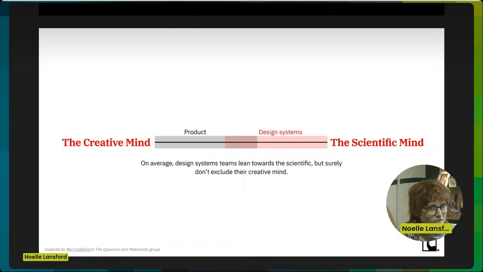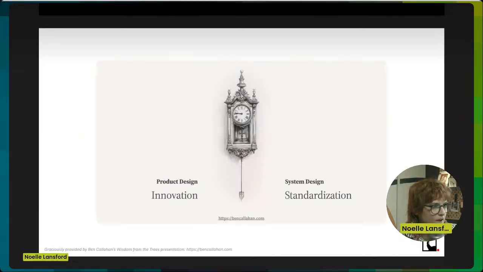And I feel so confident about this, and I don't want to spoil all of this for you, because my good friend, Ben Callahan, who's going to be speaking tomorrow, has some thoughts on this, and he's graciously let me show a couple of his slides. He's got a lot of really great data about how product design and systems designs tend to be a pendulum of innovating and standardizing.